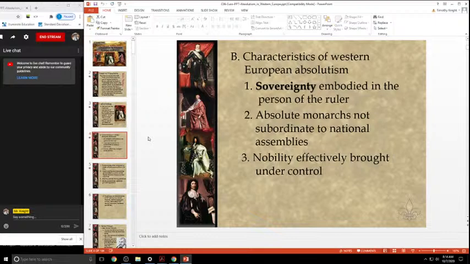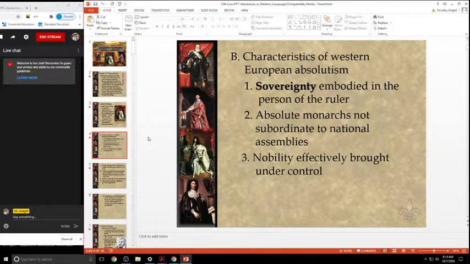We're a sovereign nation because we are autonomous, we have a centralized state government, and the United States is considered its own nation. But sovereignty gets embodied at this time in the person of the ruler. So your loyalty doesn't lie with the state. Sovereignty means at this time that your loyalty rests with the king.